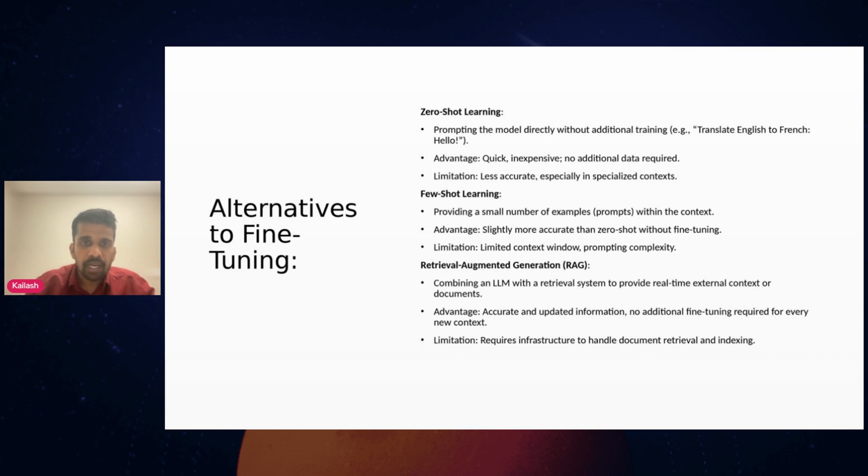So if your underlying data is going to change frequently and you need to retrieve fresh information every time the model is prompted, it's highly recommended to go with retrieval augmented generation. With RAG, the one caution I would like to make is that you have to pay more attention to your retrieval model. As long as the retrieved content is good, the quality of the response from your language model will be better.